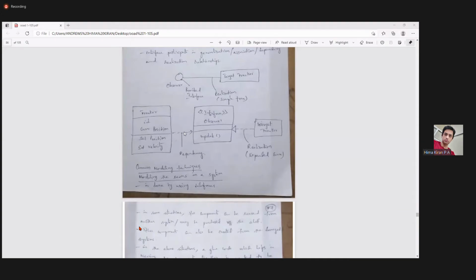To whichever element, class or component the arrow is pointing, that particular component is considered an independent entity, and the one from where the relation starts is considered a dependent entity. So whatever changes we make to the independent entity, definitely it's going to have an impact on the dependent entity. Next, a realization relationship has been established between the target tracker as well as the observer.